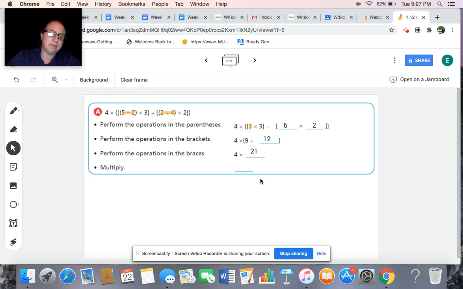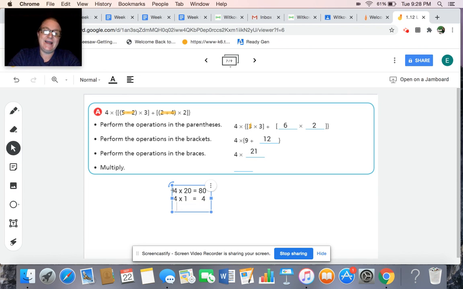And now we can multiply. 4 times 21. Well, I'm actually going to do it like this down here. I'm going to do 4 times 20 equals, 4 times 2 is 8, and then there's a 0. And then I'm going to add that to 4 times 1 equals 4.